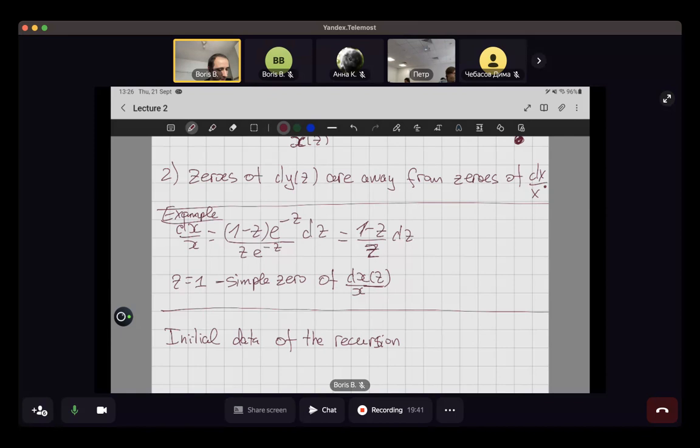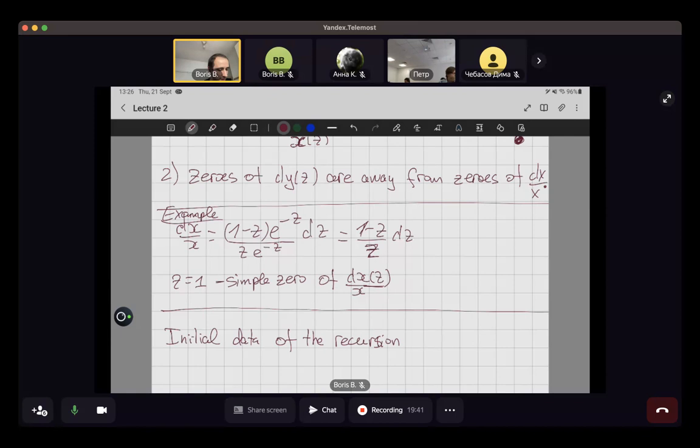So we had x of z is z to the power, then log x is just log z minus z. Maybe you could first explain the example where log x is z squared, just z squared.